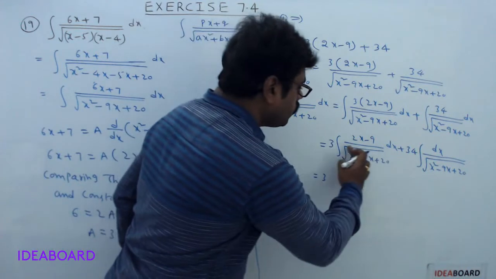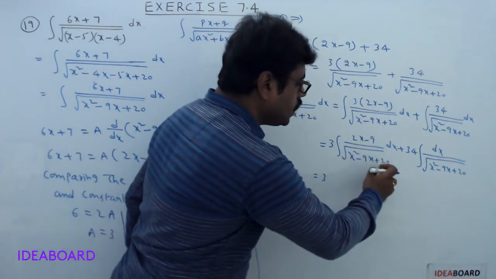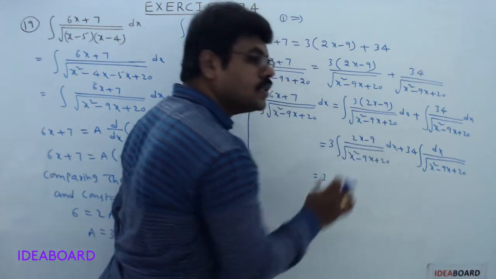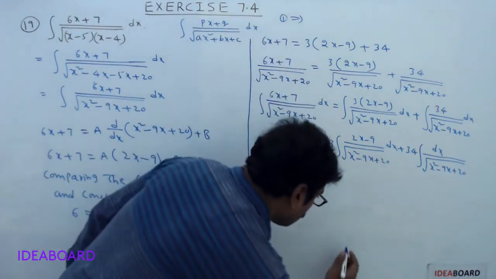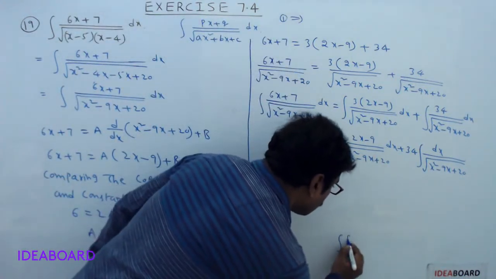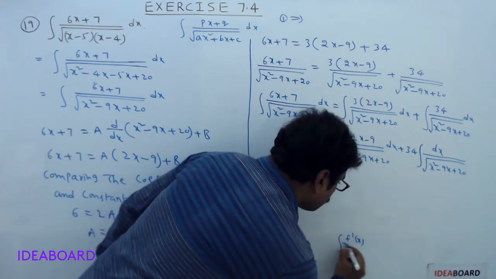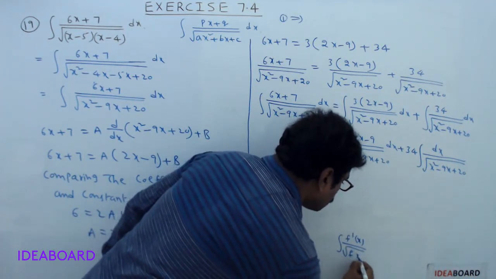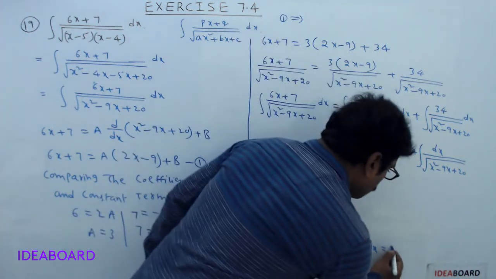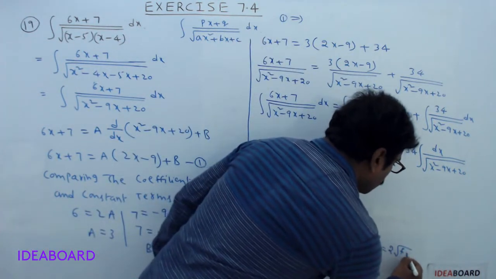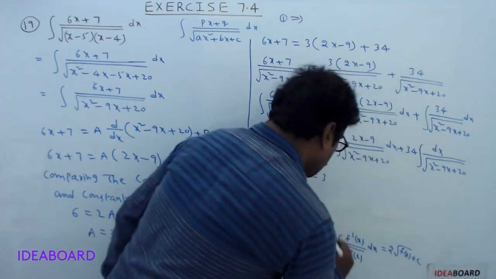So the derivative of x square minus 9x plus 20 is 2x minus 9. So this term is of the form integral f dash of x divided by root f of x dx. What is its formula? 2 into root f of x plus a constant term c.